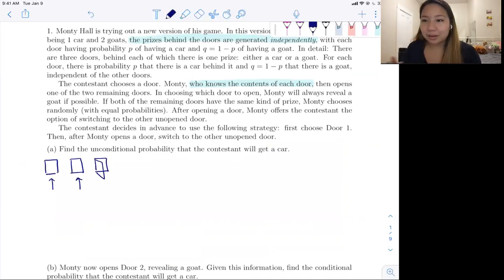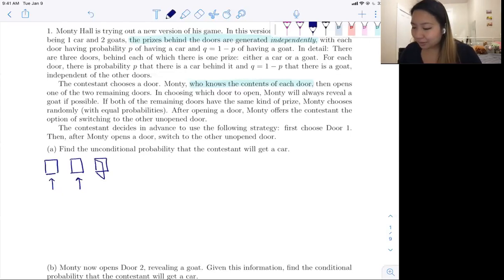He could have opened the other door as well. So we're going to win if there's a car involved in the second 2 doors, because we're never going to get what's behind door 1. We're just going to focus our attention on what's behind doors 2 and 3. Since all of this is independent, it just matters what's behind 2 and 3, and we can compute that probability.